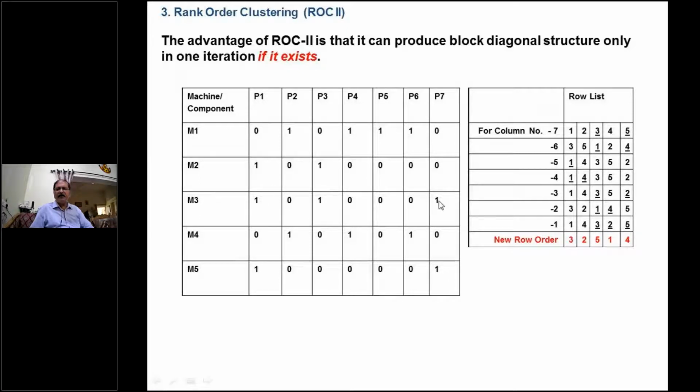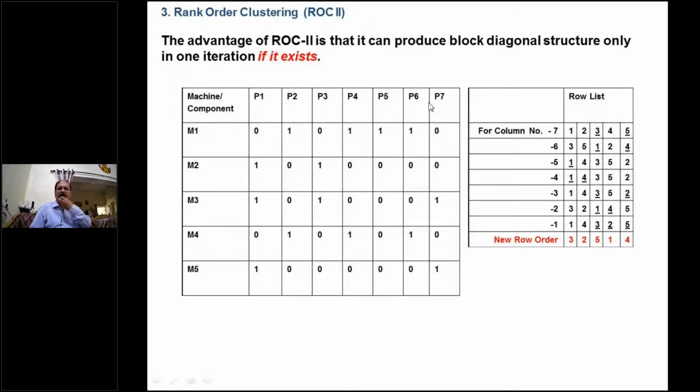Whenever ones appear in the rows in that column, you underline them. So for column 7, row 3 and row 5 have cell entries of 1. So row 3 and row 5 have been underlined. When you underline them, bring them forth. So 3 and 5 are brought here, and write the others as they are: 1 2 4.